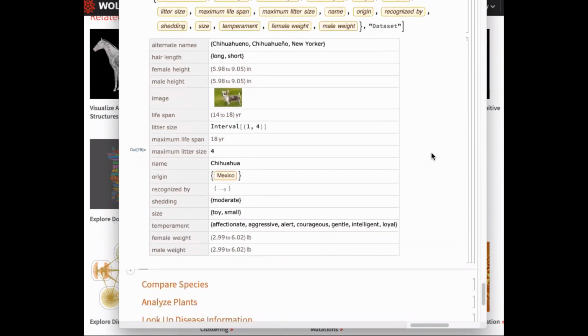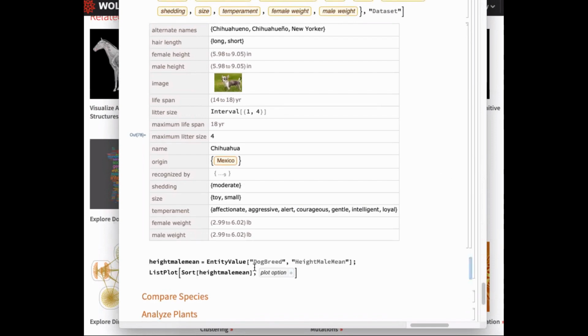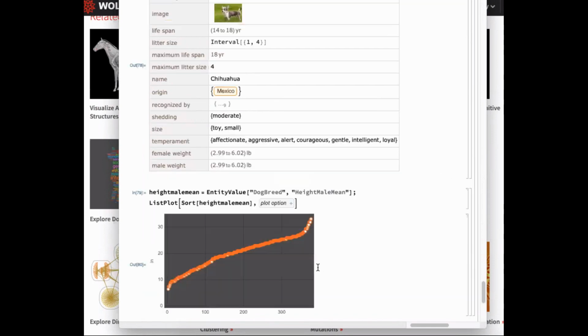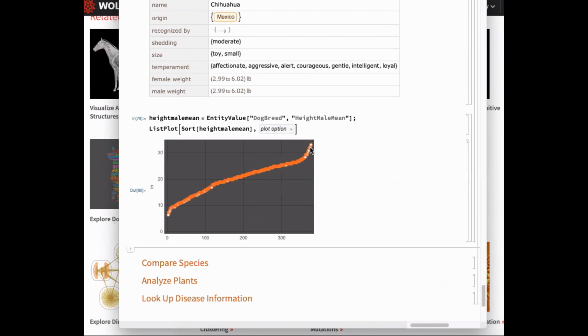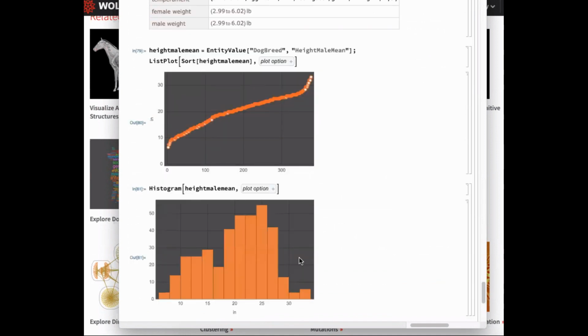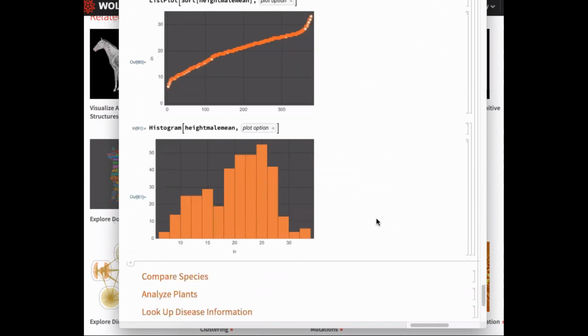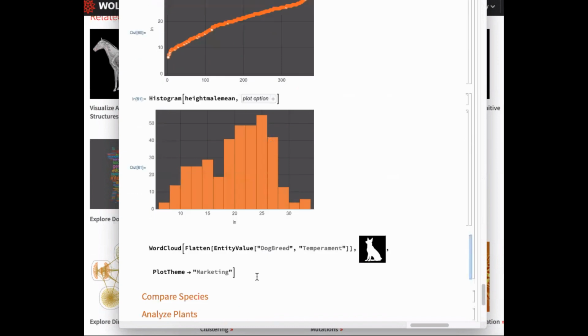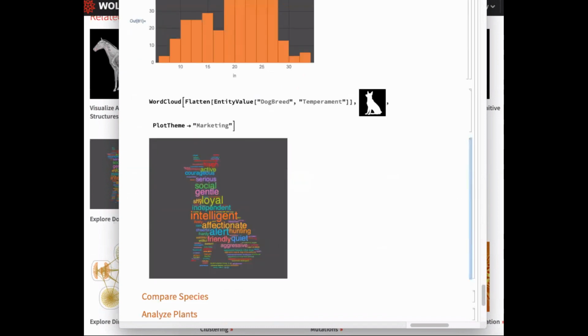And you can explore the properties, like sorting dog breeds by their height and making a histogram out of it, or create a word cloud based on dogs' temperaments like this.